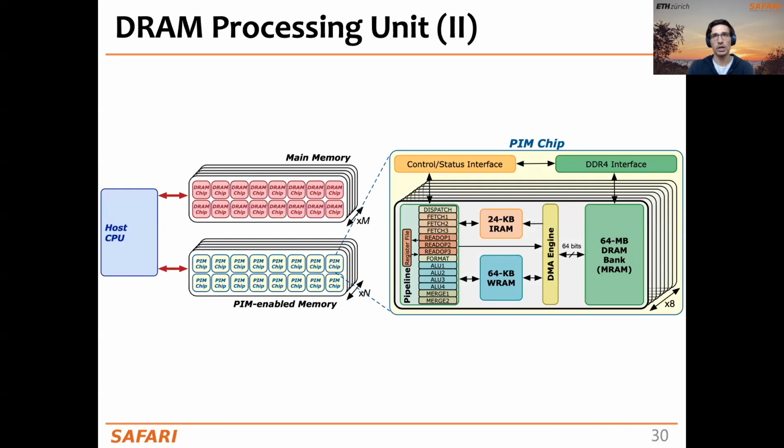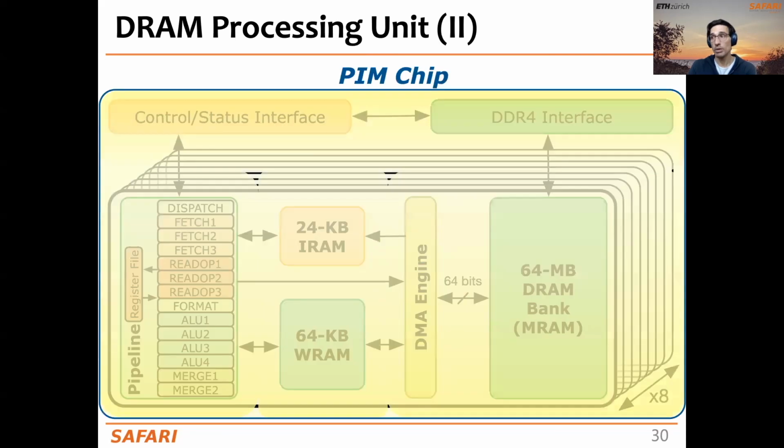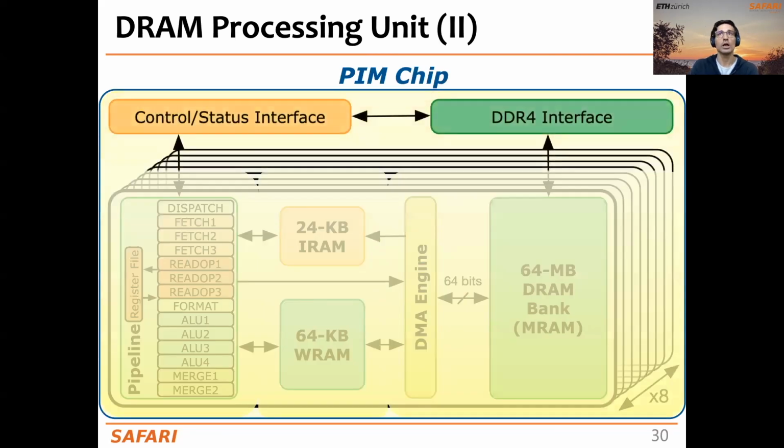Here in this picture, we can see more clearly all the different components of the PIM chip and the DPU. Here we can identify a control and status interface for the CPU to communicate commands to the DPU pipeline. We also have a DDR4 interface because this is DDR memory and it's accessible by the host CPU.